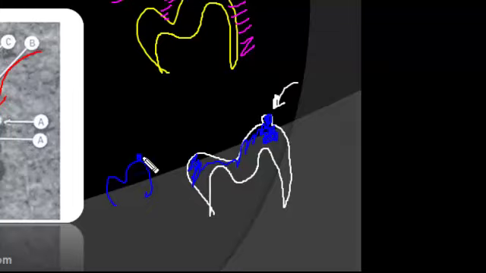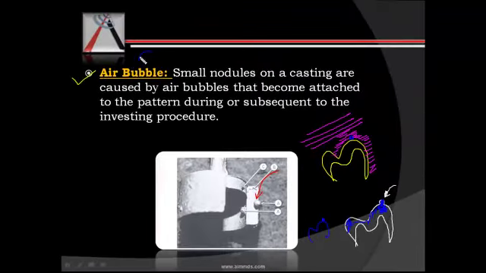So this nodule is caused by the presence of air bubbles on the wax pattern. If this air bubble is in some non-critical area, we can just cut it off and polish the casting, that's fine, but sometimes it may be present in critical areas on the fitting surface and it may result in altered fitting of the casting.